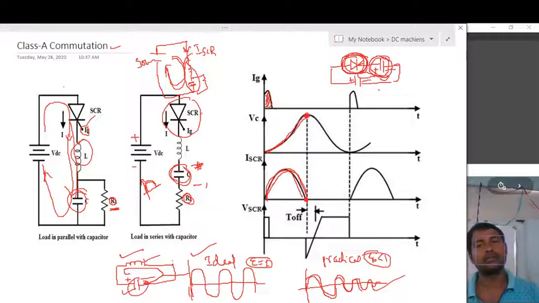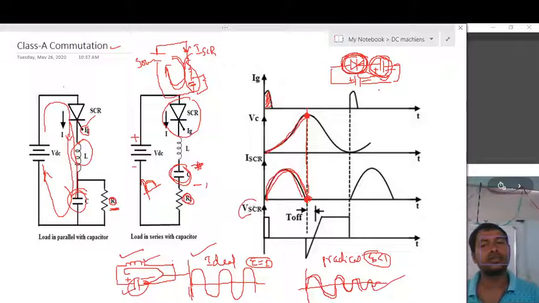If you apply the negative source across the SCR and the current through the SCR is zero, then turn off of the SCR is possible. So in this case we can see this natural zero occurred. The current through the SCR is zero, a natural zero occurred due to the tank circuit.